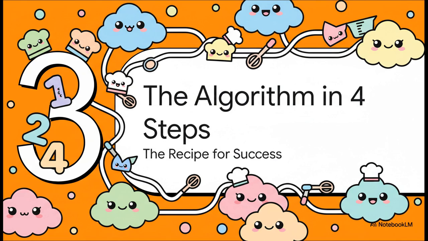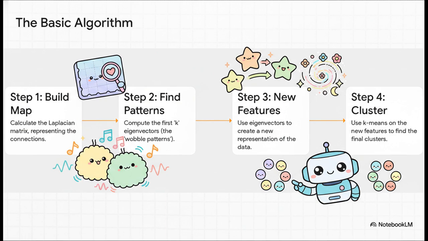So, that's the physical intuition, the big idea. It's pretty cool, right? Now let's get down to business and translate that into an actual recipe, a step-by-step algorithm that we can use. It really just boils down to four main steps. Step 1, you build that similarity map, that graph Laplacian we were just talking about. Step 2, you find those fundamental wobble patterns by calculating the first few eigenvectors of that matrix.